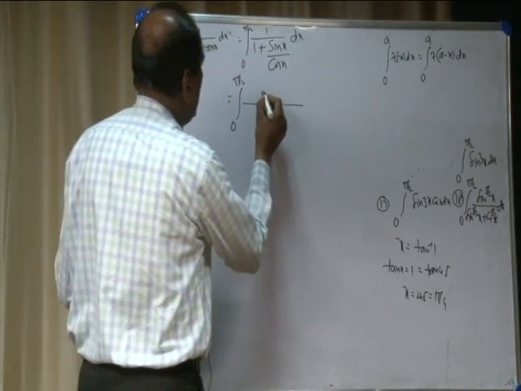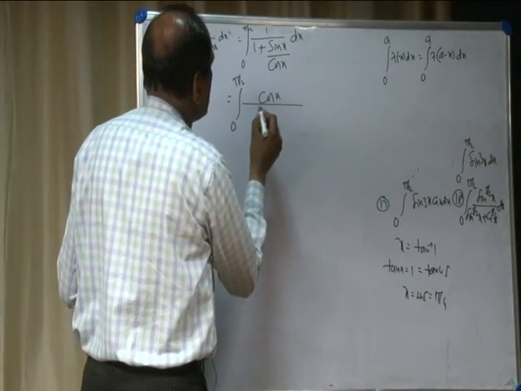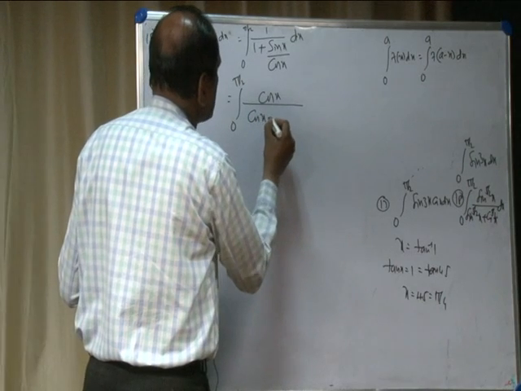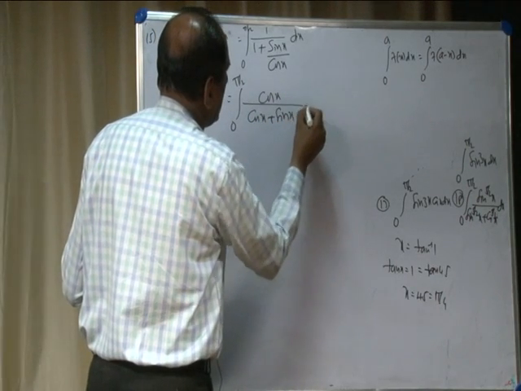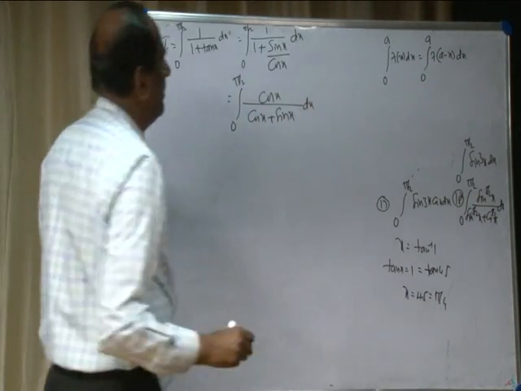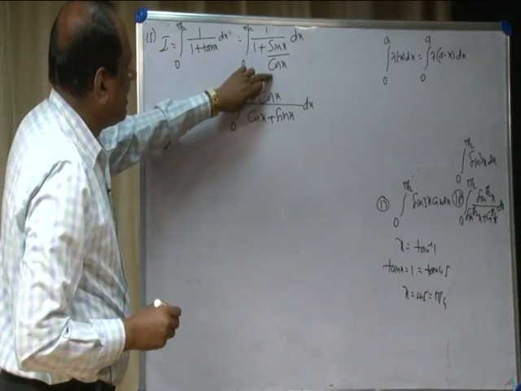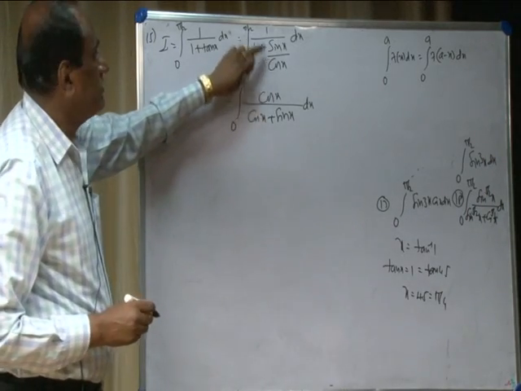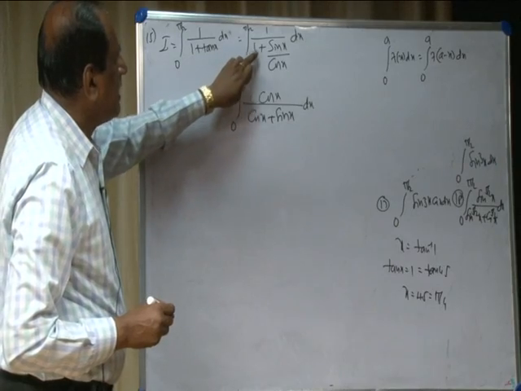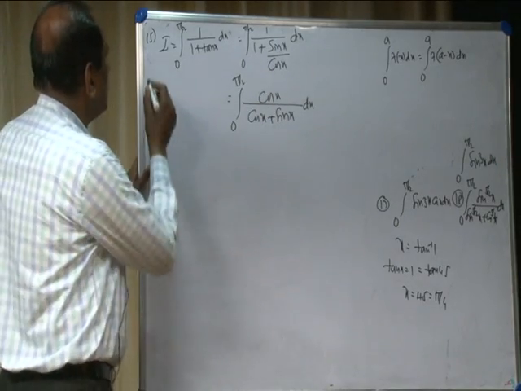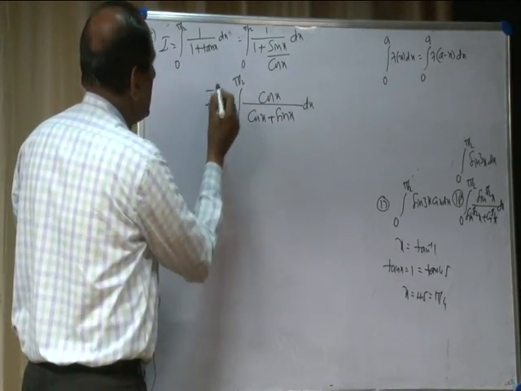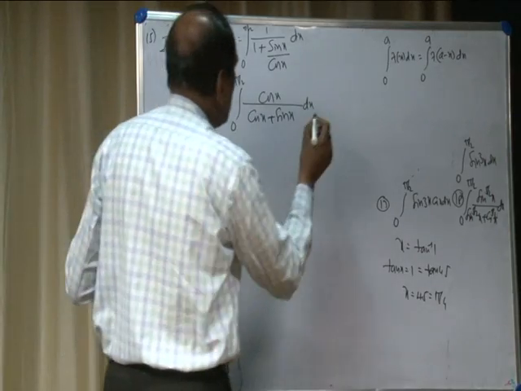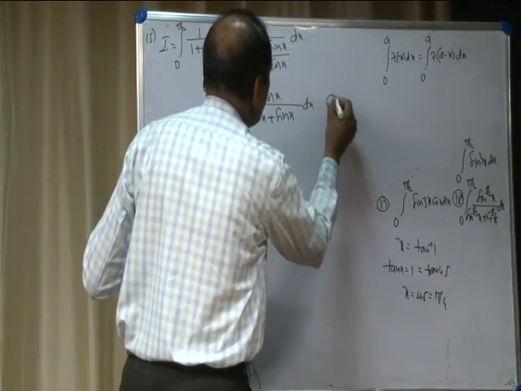So totally that becomes cos x by cos x plus sin x, dx. LCM is cos x, take this cos x to the numerator. So, LHS is I, that is the given integral. Call this equation 1.